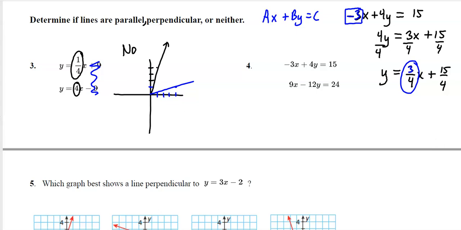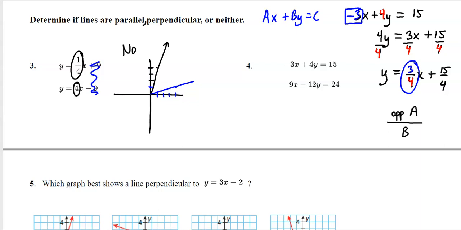And then my next move is always going to be dividing by whatever b is. So I divided by this +4. I did it here, I did it here, I did it there. That's always going to happen. So in general, it's always going to be the opposite of a over b, because you're going to move a to the other side, which makes it opposite. Then you're going to divide by whatever b is.